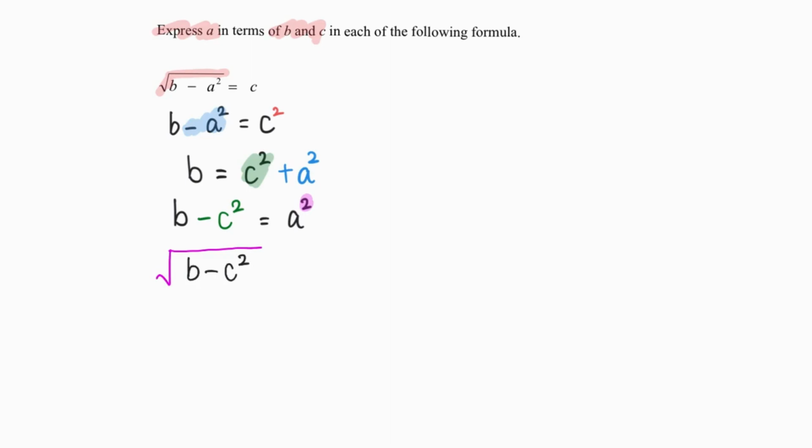And because at this point in time, we still do not know what A represents, we do have to consider both the positive and the negative value of A. Alright, so the final answer, do make sure that you write the A on the left hand side of the formula, as that will denote that it is the subject.